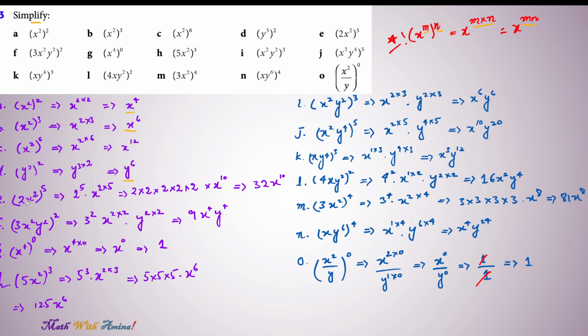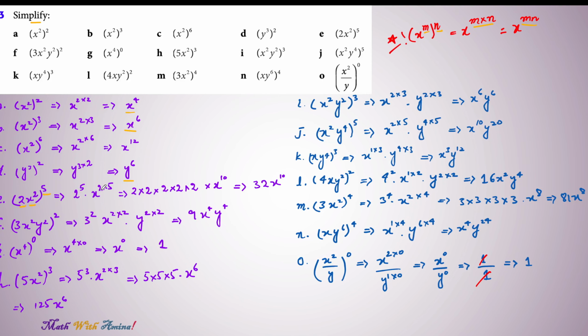Next we have 2x squared raised to the power of 5. So the power 5 applies to both the coefficient and the variable. Therefore, we will write it as 2 raised to the power of 5 multiplied by x. In here again we will be applying this power of a power law.